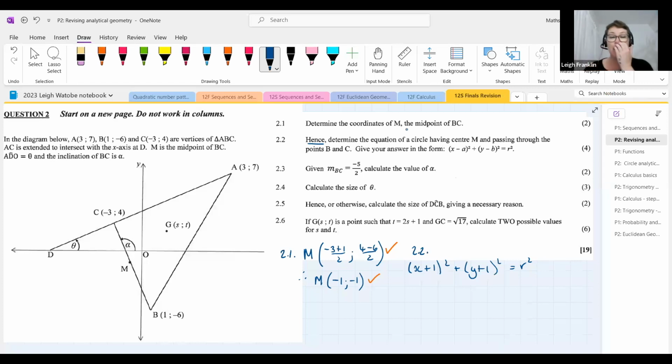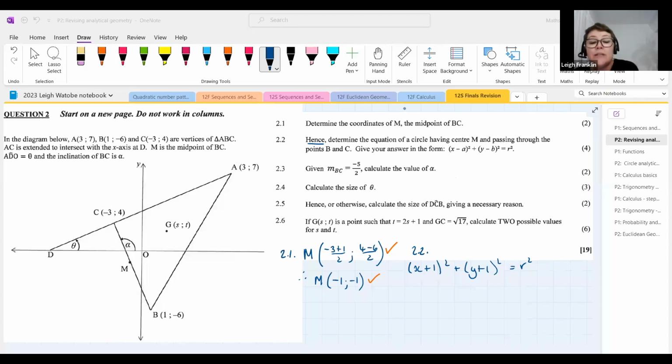Now I have to solve for r². Okay, good. For r, use either B or C. Well done, that's perfect. So now I can choose. Either I can work with the coordinates of C or the coordinates of B, sub those in and solve for r². So let's say I decide I'm going to go with B.